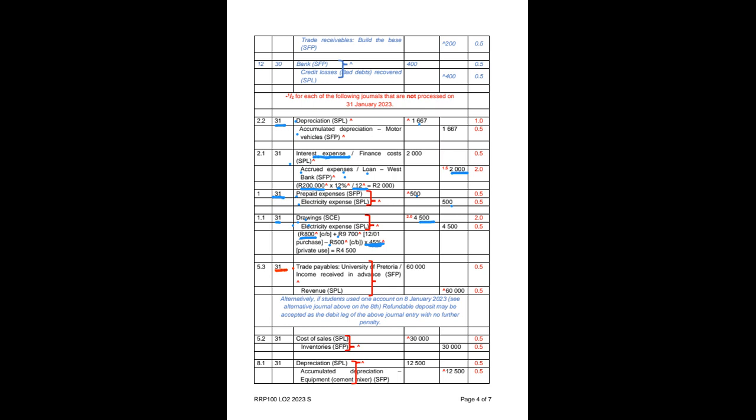We eliminate trade payables by debiting it. We credit revenue for 60,000 rand, and we also should not forget about the cost of sales journal entry. So we debit cost of sales, credit our inventories for 30,000 rand, and both those journal entries happen on the 31st. So we just need to watch the dates. We need to watch the dates with those journal entries.